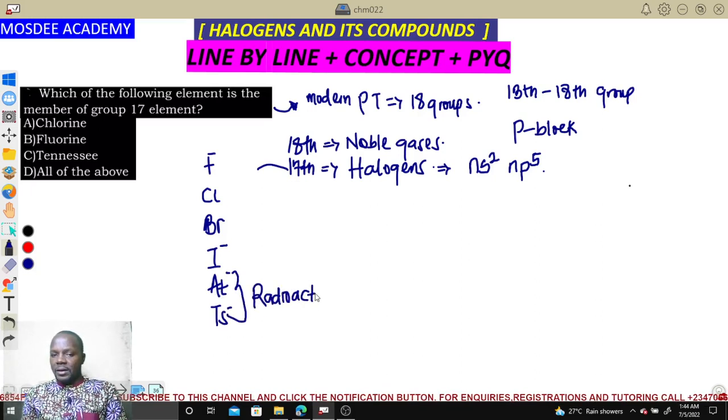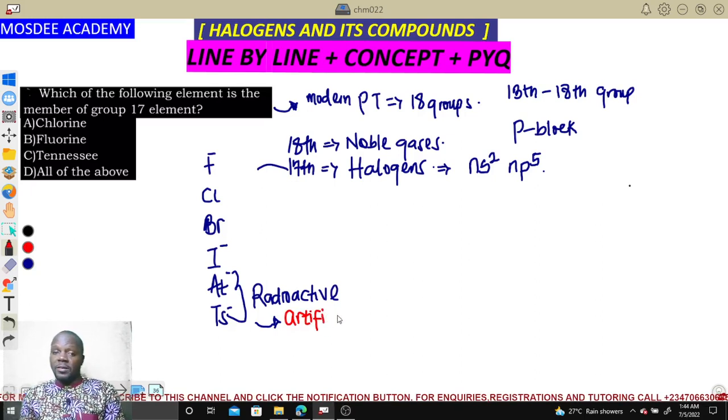In fact, tennessine, or Tennessee, however you pronounce it, is called an artificial radioactive element because it has a half-life of about 0.05 seconds, so it doesn't last. You understand? So this is an artificial radioactive element.